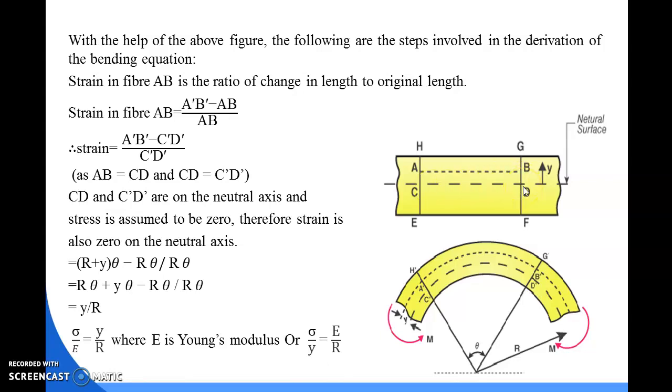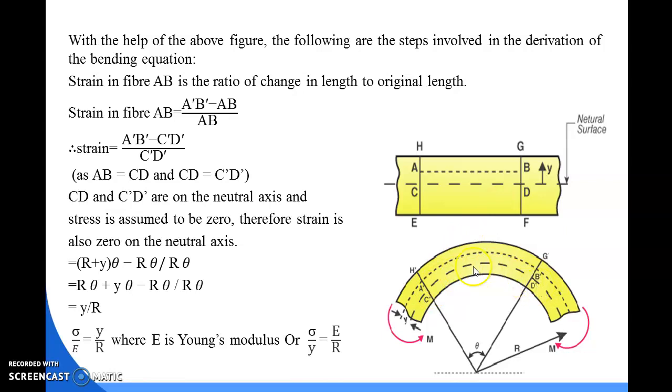So we can say AB is equal to CD. Then after the application of moment, the AB strip is converting into A dash B dash and the line of neutral axis, that is CD, is changed into C dash D dash.